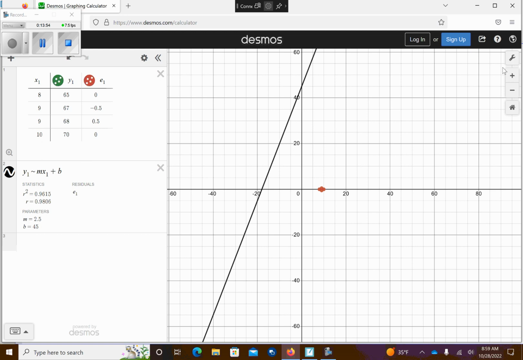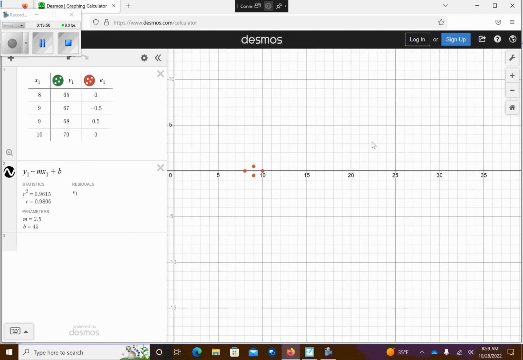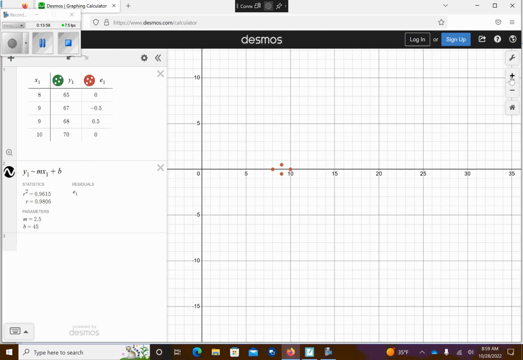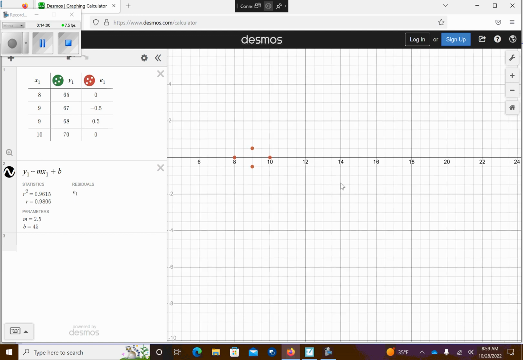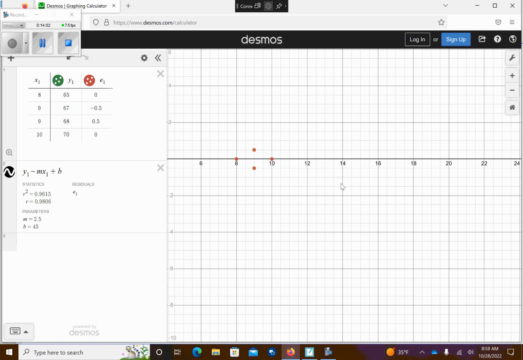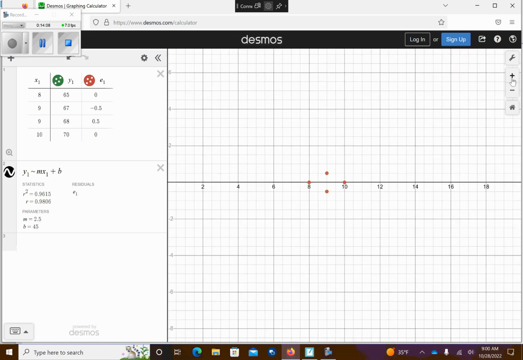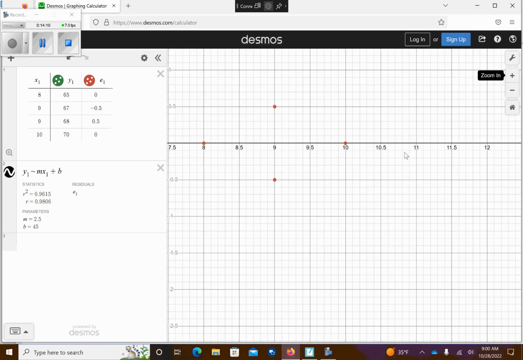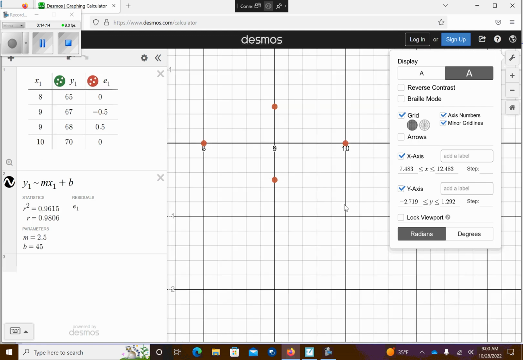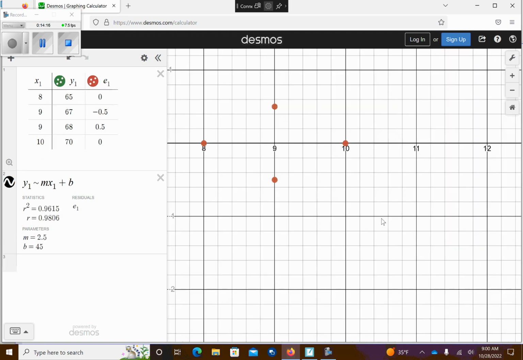So if I zoomed in on that, all these are talking about is, if it's right on the x-axis, zoom in a little bit further on that, those red points mean that those data points fell exactly on my line of best fit.